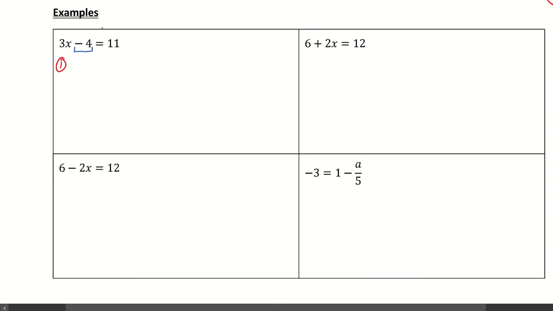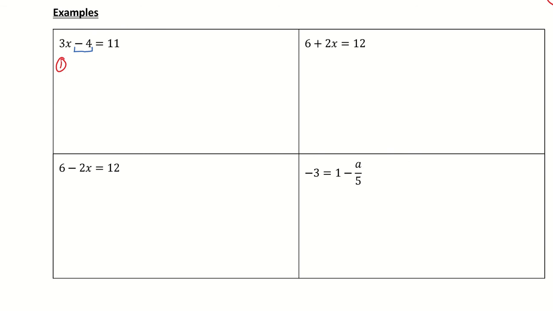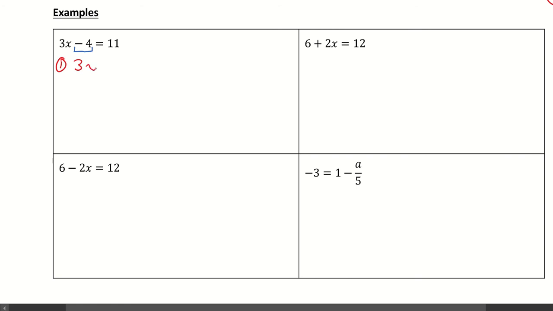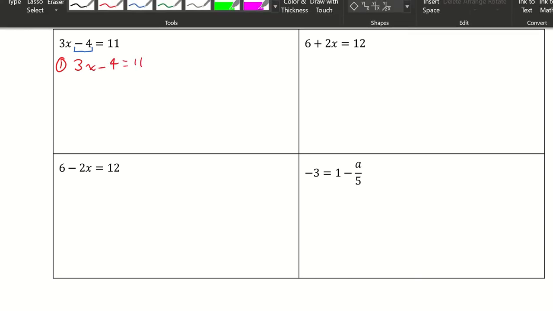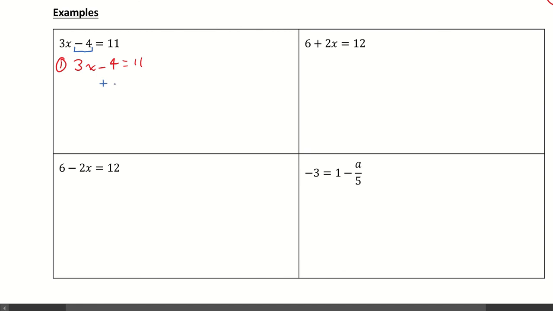This -4 is the constant that is next to our variable term. So I'm going to rewrite this equation, 3x minus 4 equals 11, and get rid of that constant. How do I get rid of a -4? Well, I add 4, and I do that to both sides to balance the equation.